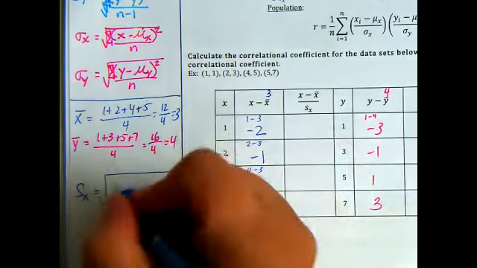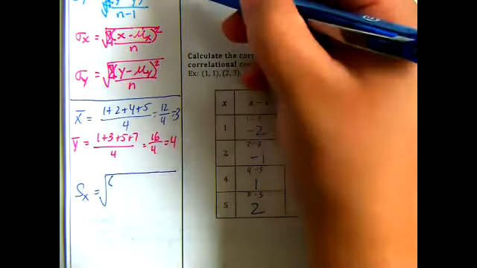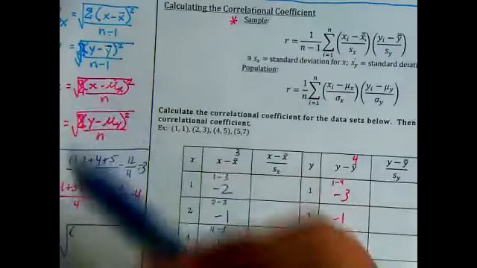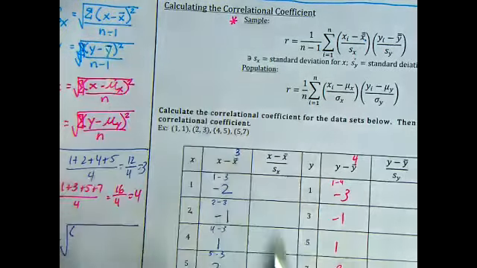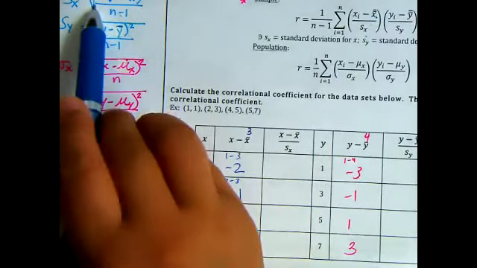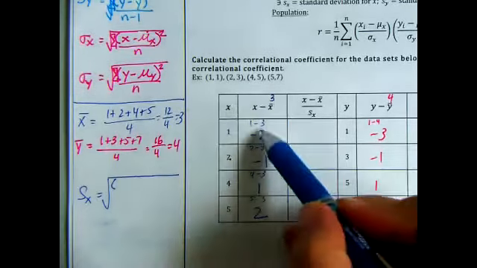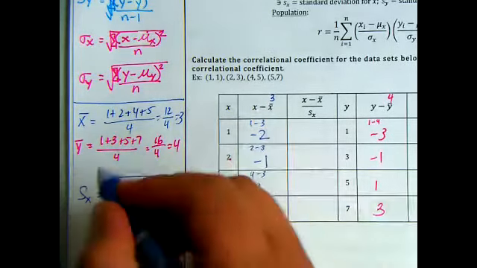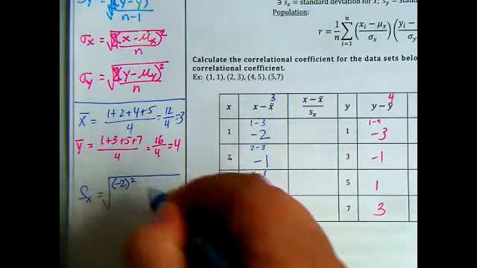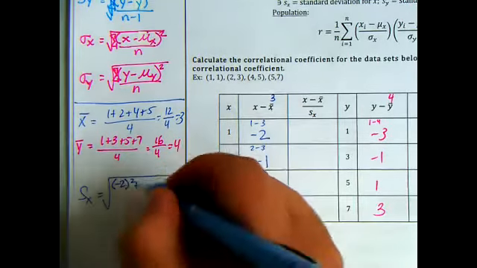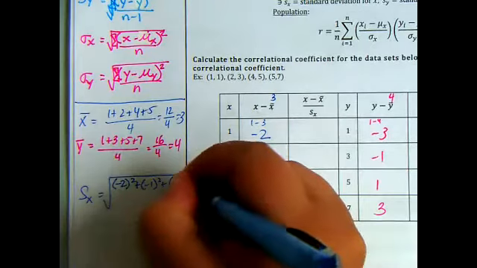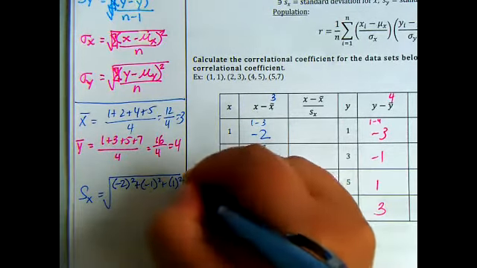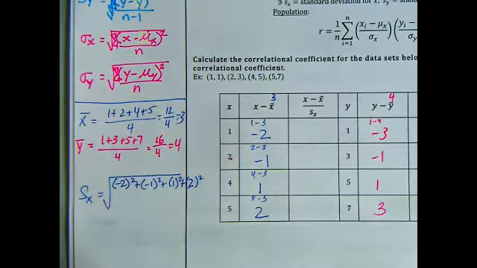So really it's just squaring them. It's whatever the data point minus the mean is, squared, and then the summation of all of them. So it's going to be negative 2 squared plus negative 1 squared plus 1 squared plus 2 squared.